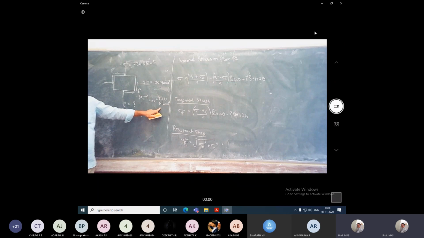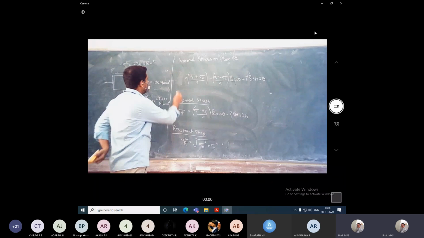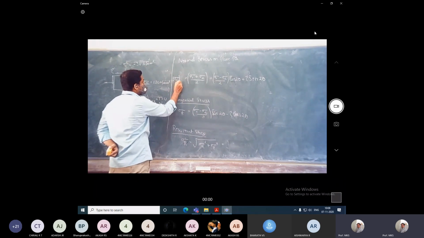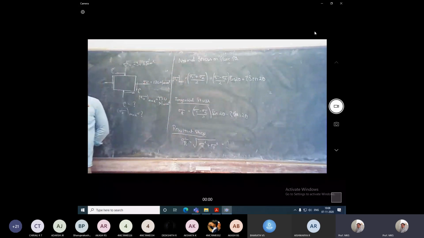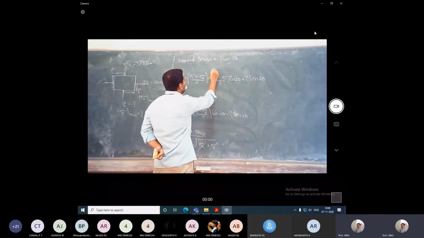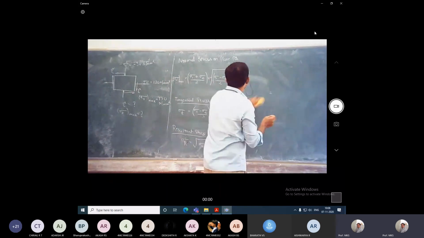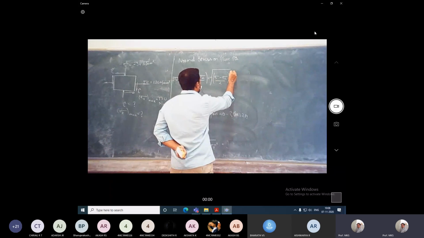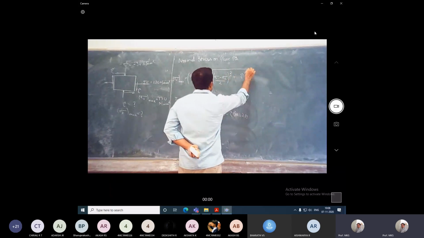The maximum normal stress equation is given by sigma 1 maximum equals sigma 1 plus sigma 2 by 2 plus root of sigma 1 minus sigma 2 by 2 whole square plus tau square.